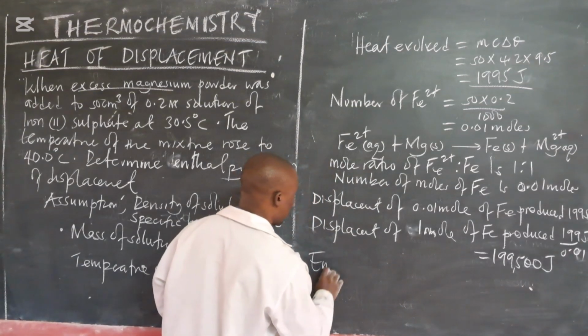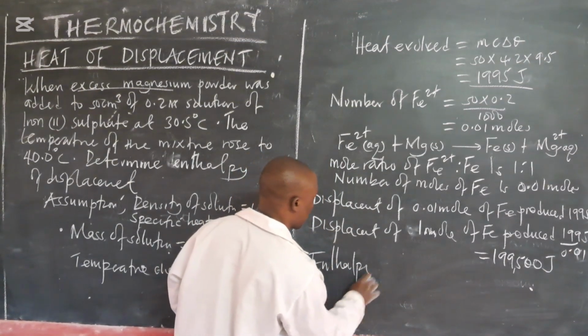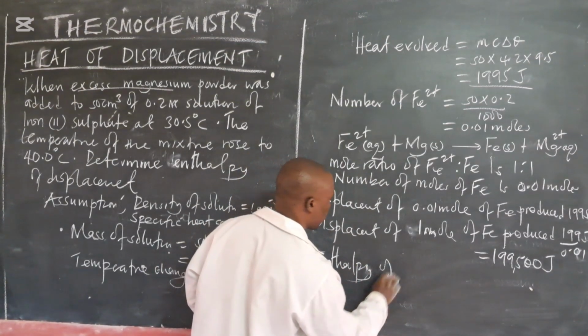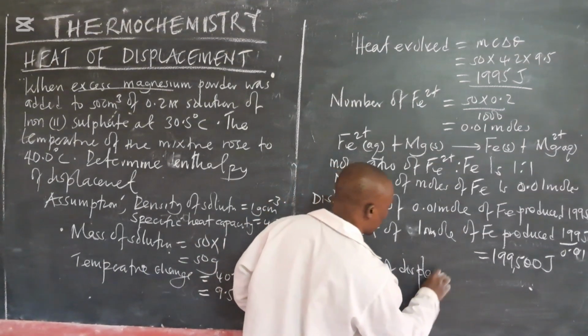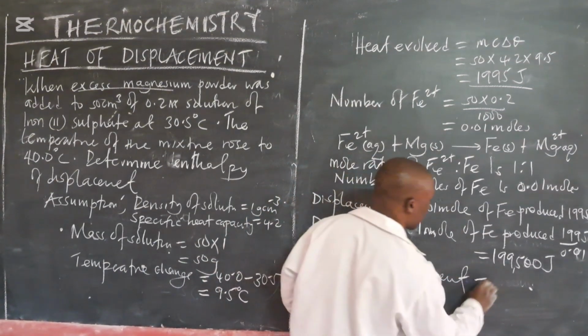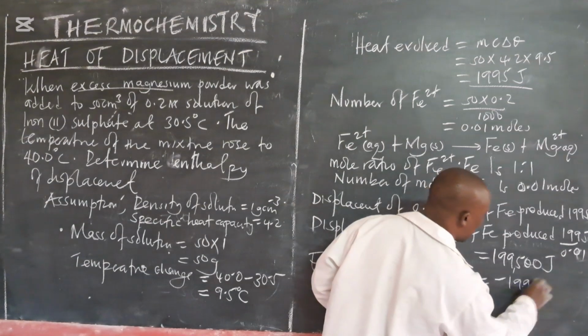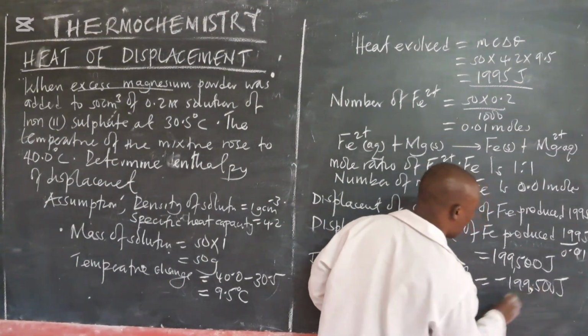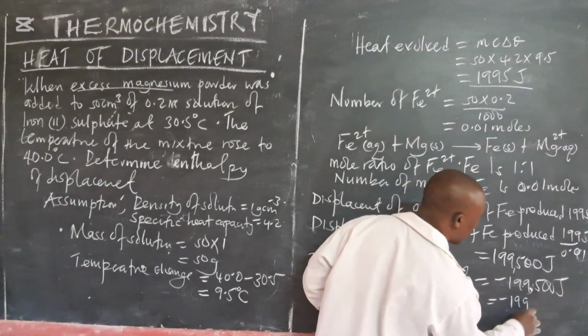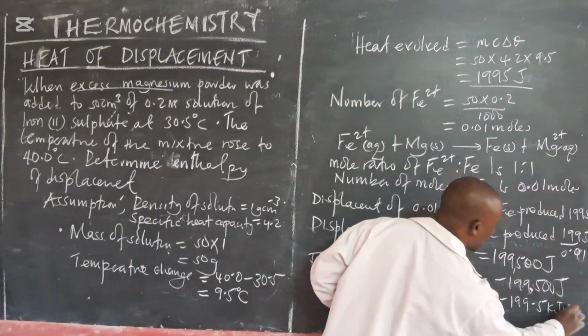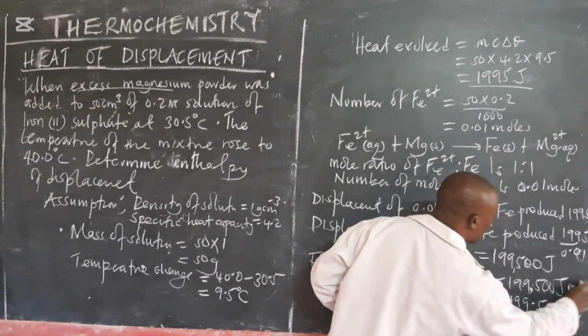So the enthalpy of displacement, since the temperature rises, is negative 199.5 kilojoules per mole. This is per mole here.